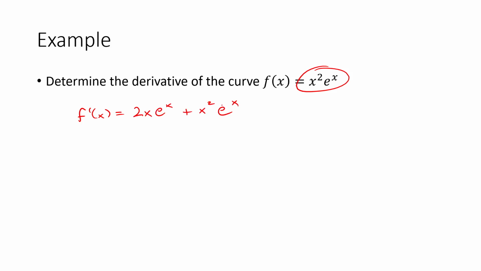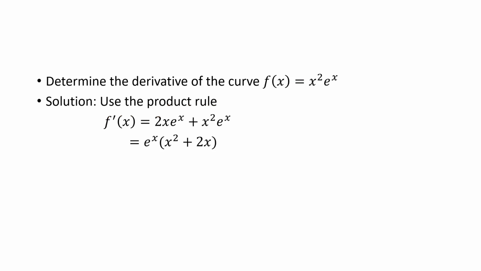And I get that expression that you see on your screen. And so this is us showing it typed out, and then we can factor out e to the x, and we'll be left with a second factor of x squared plus 2x.